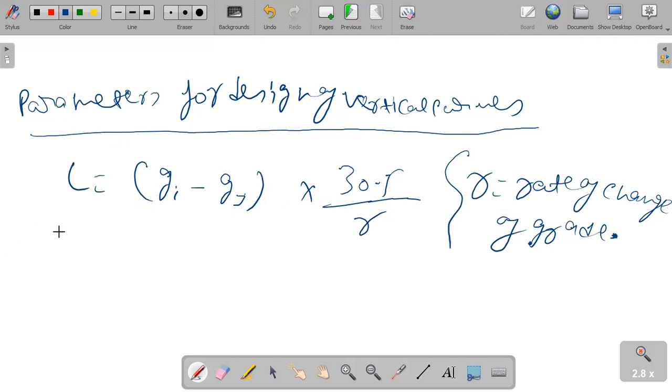GI and GJ are grades in percent. Let's talk about minimum radius. Minimum radius for route A is 4000, route B is 3000, route C, D is 2500, and for meter gauge all routes is 2500.